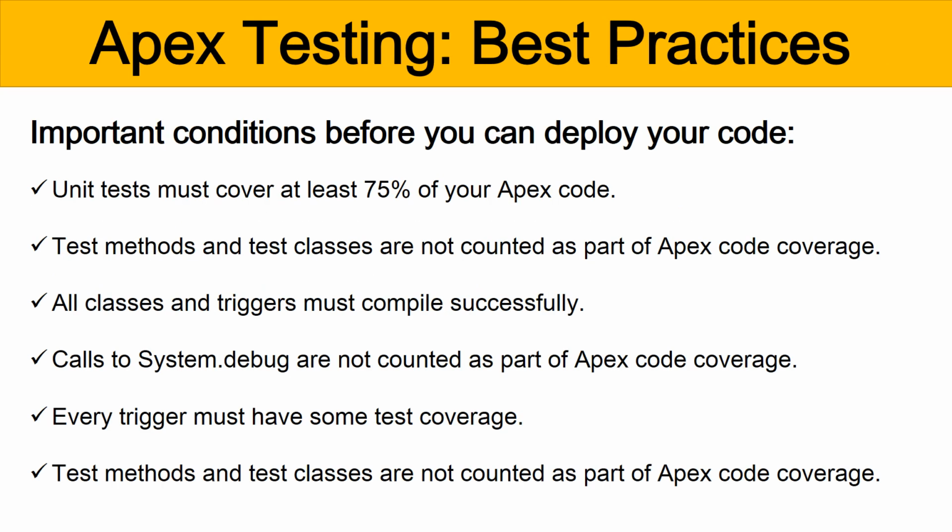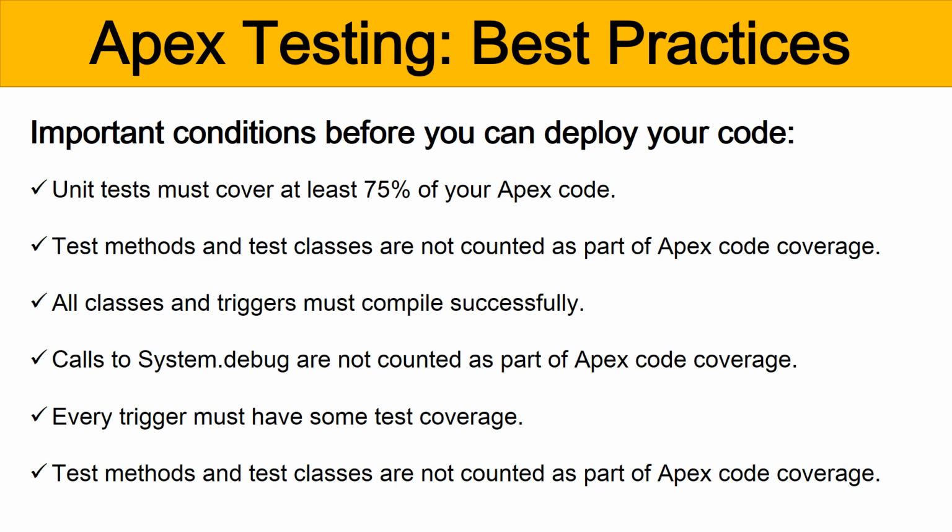As we all know, testing is key to the success of your application, particularly if your application is to be deployed to customers. Before you can deploy your code or package it for the Salesforce AppExchange, the following conditions are really crucial. Also, these conditions are often asked in Salesforce testing interviews.